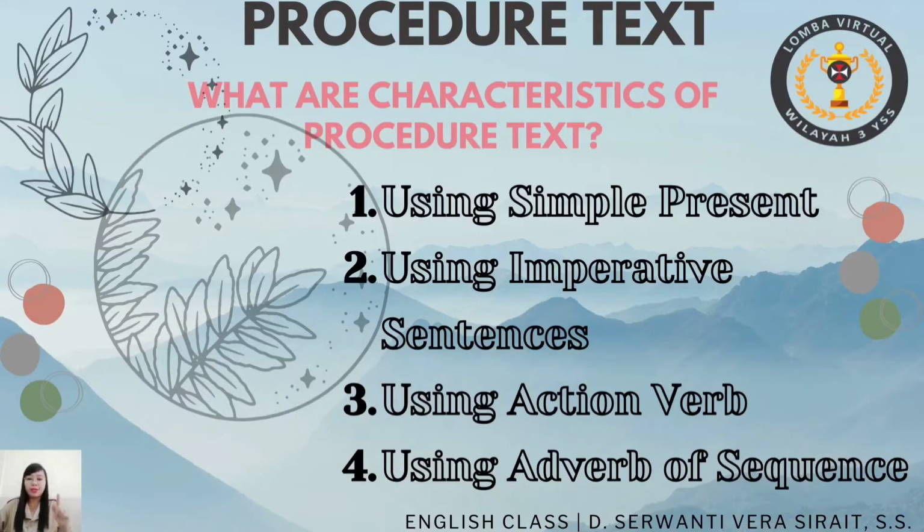This is an imperative sentence. The third is using action verbs. For example, put, cut, or prepare. And the last is using a verb of sequence or temporal conjunction. For example, first, second, third, finally, then, next, and the last.